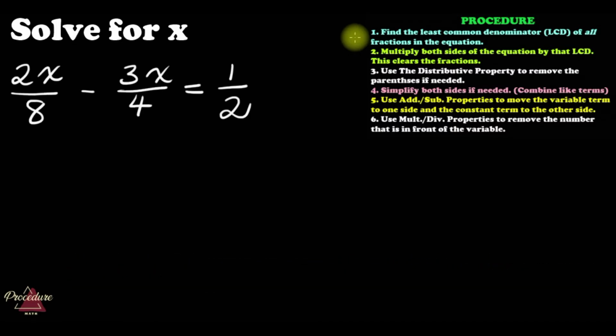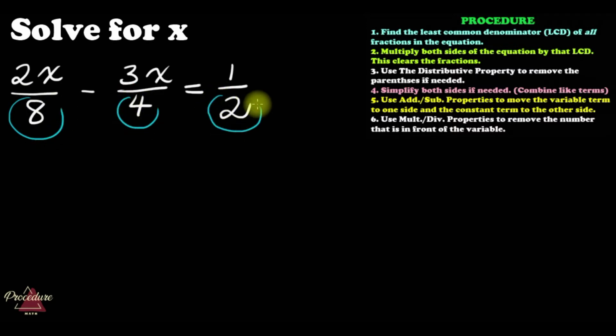Step 1 is to find the least common denominator for all fractions in the equation. Here are your denominators: an 8, a 4, and a 2.